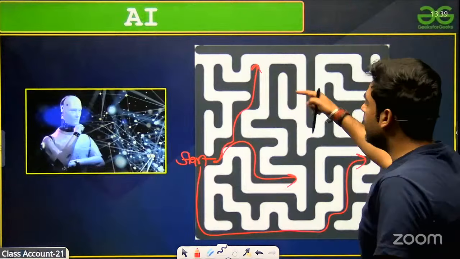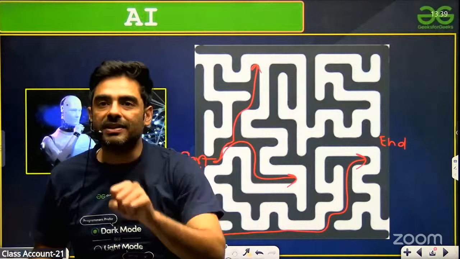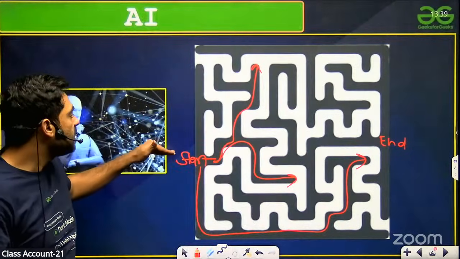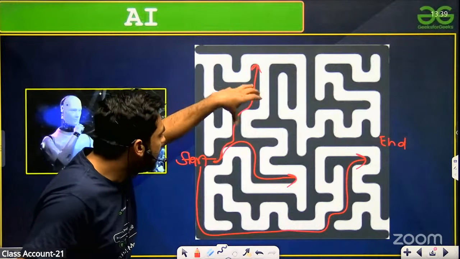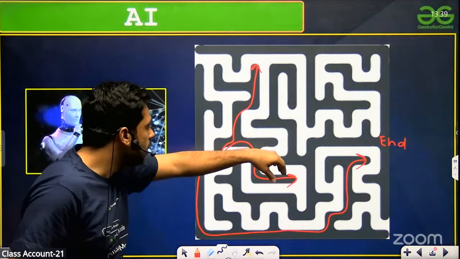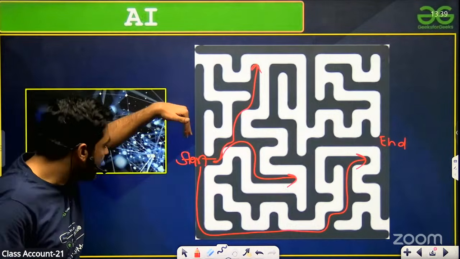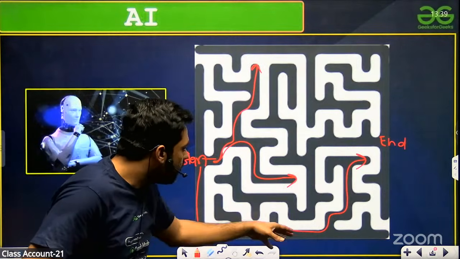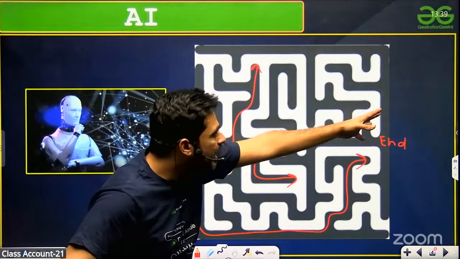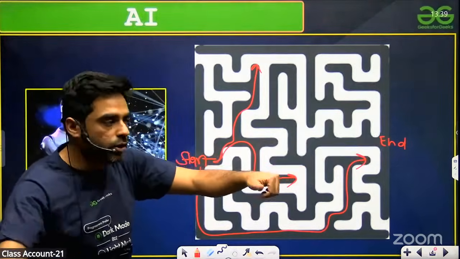So जैसे if I ask you to solve this, how would you do this? You would start from the start point. You would see whether I'm finding some good path. Not finding a good path, I'll just backtrack. Then I'll again start, checking whether I can reach the end. But if not, then I'll backtrack.